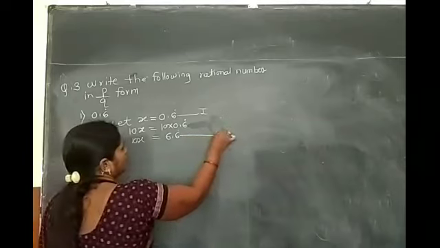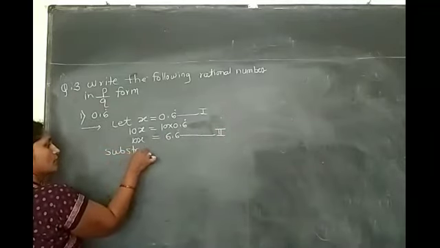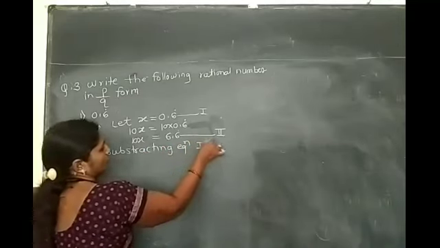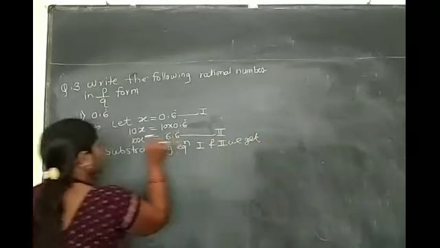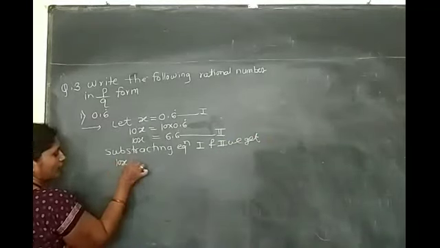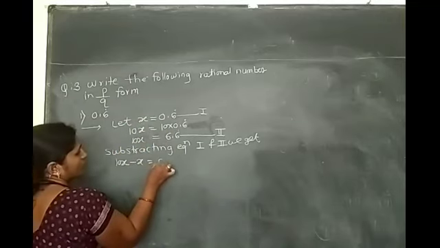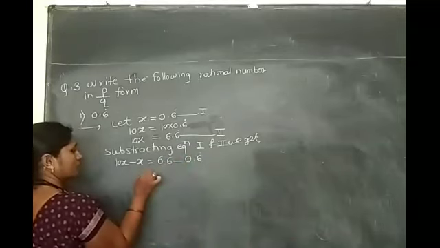Then this is the second equation. Then subtracting equation first and second, we get, the subtraction LHS to the LHS, RHS to the RHS: 6.6 recurring minus 0.6 recurring.